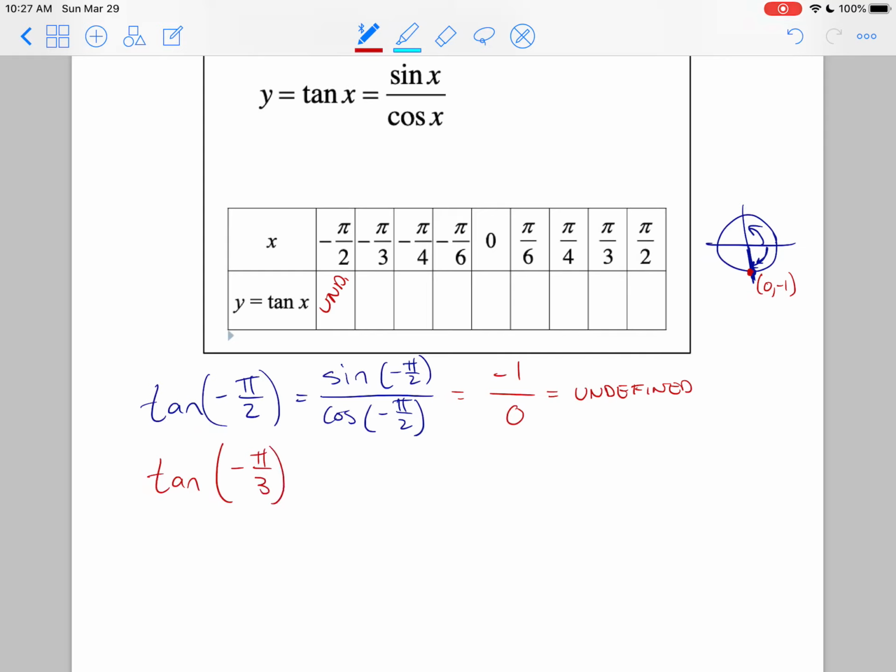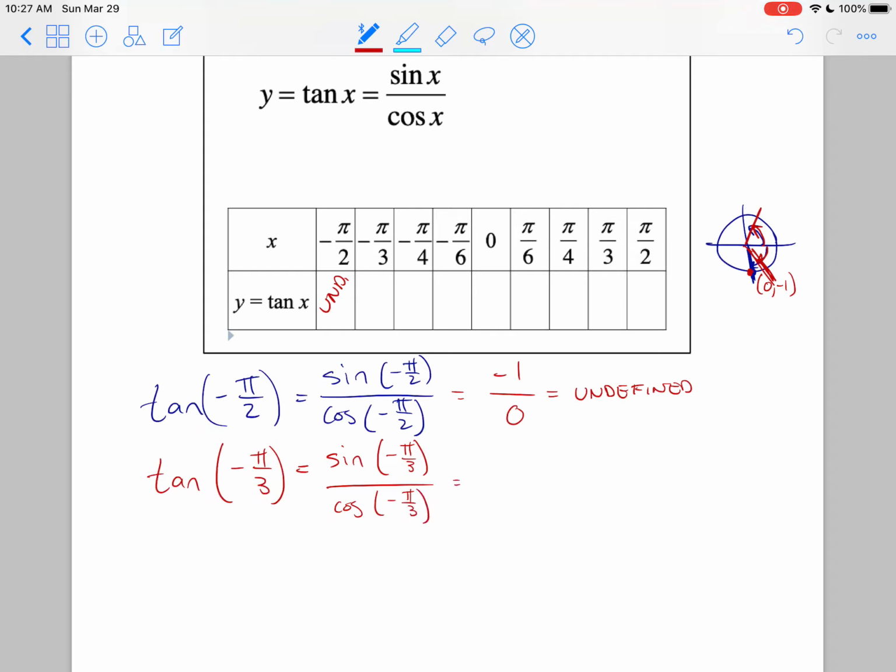So now we move on to negative pi over 3. So that's this angle here. It's the bigger angle because I'm dividing by a smaller number. And we can think of the reference angle, which is just positive pi over 3. We can think of the values there. Just the y-coordinates would be negative, and that's how we figure out the values here. So again, we're thinking of sine of negative pi over 3 over cosine of negative pi over 3, and sine of pi over 3.